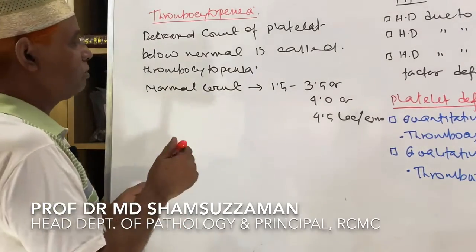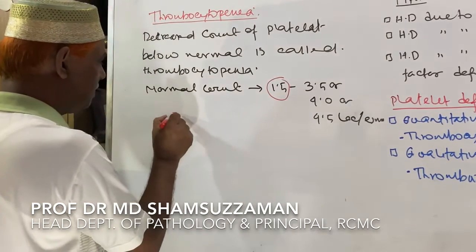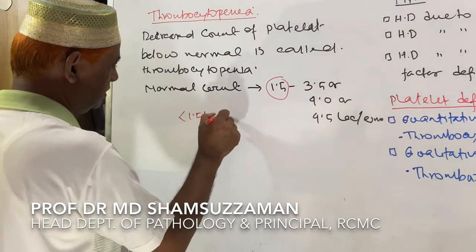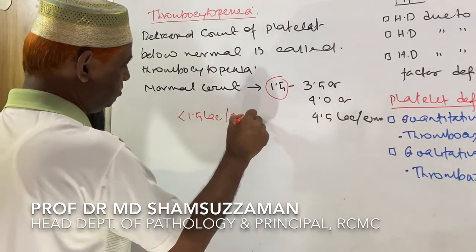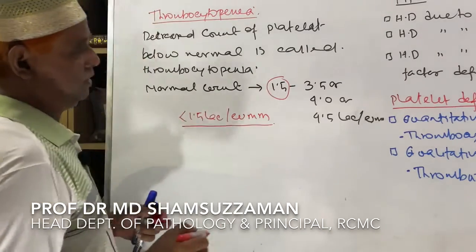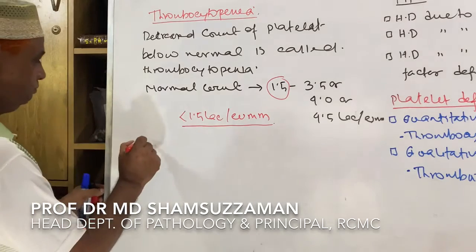If the total count of platelet is less than 1.5 lakh per cubic millimeter of blood, then it is called thrombocytopenia. Now come to the types of thrombocytopenia.